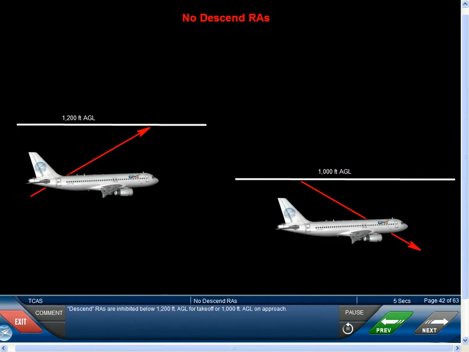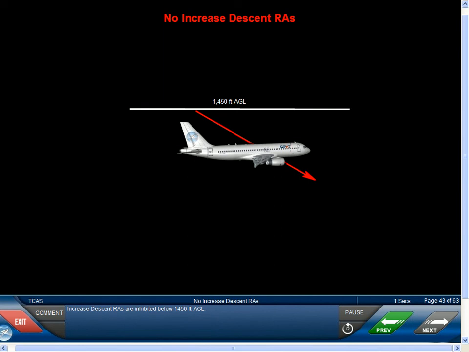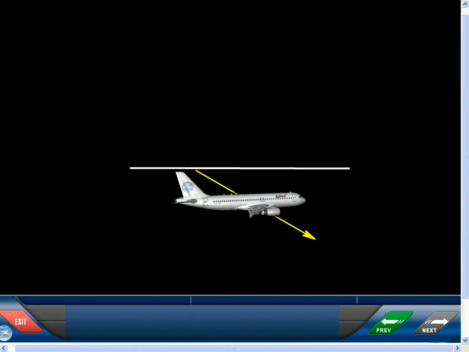Descend RAs are inhibited below 1,200 AGL for takeoff or 1,000 AGL on approach. Increased descent RAs are inhibited below 1,450 feet AGL. All TA oral alerts are inhibited below 500 AGL.